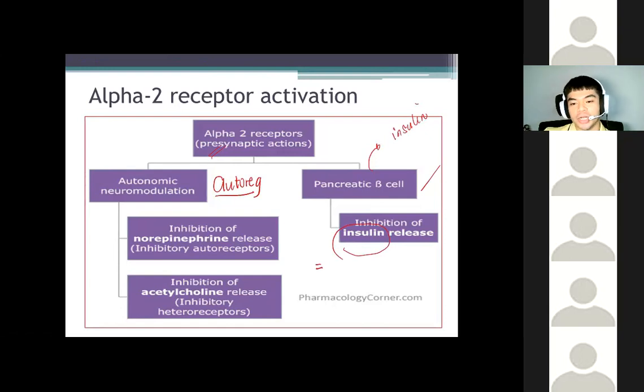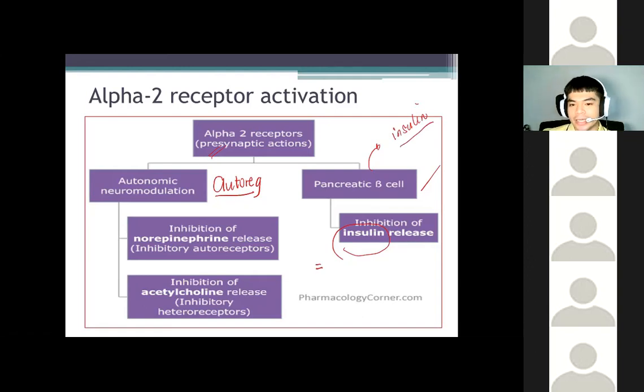Hypo o hyperglycemia? Hypo, sir. I repeat, what's the effect? Hypo. Okay, so balikan natin. Ang insulin ay hypoglycemic hormone.